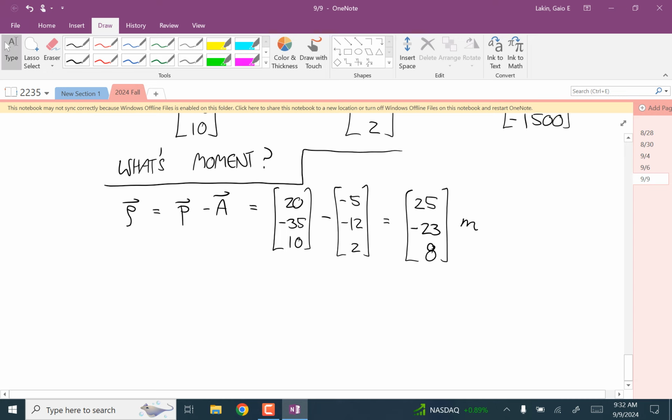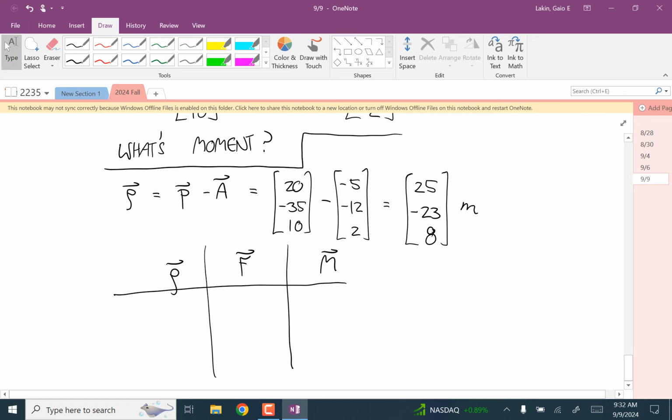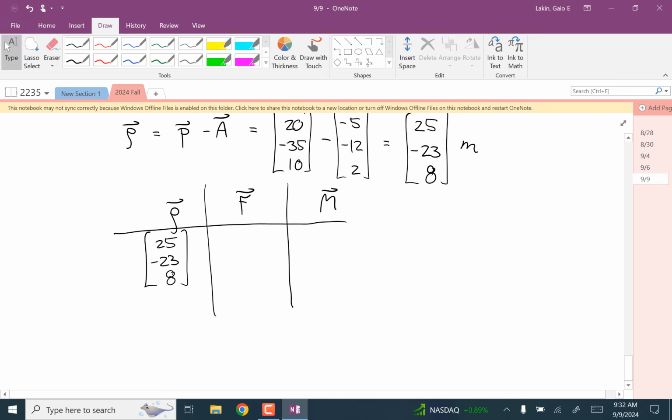And so now I'm going to set up the table. Row, force, moment. The row vector is 25, negative 23, 8. The force vector is 600, 1200, negative 1500.